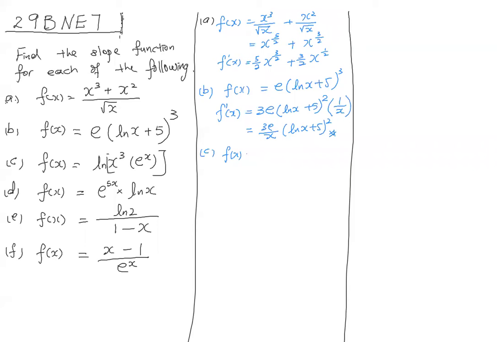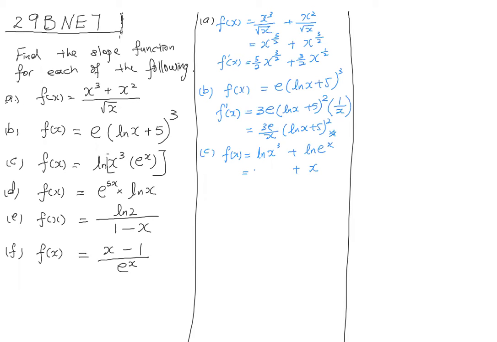So you put it as ln x cubed plus ln e x. Can it be simplified further, Shafika? Yes, ln e x equal to x. This one is x, okay.